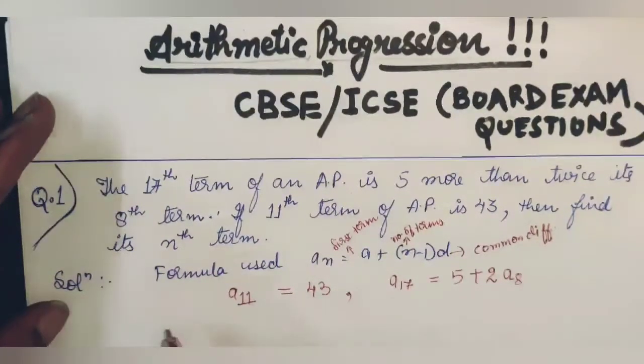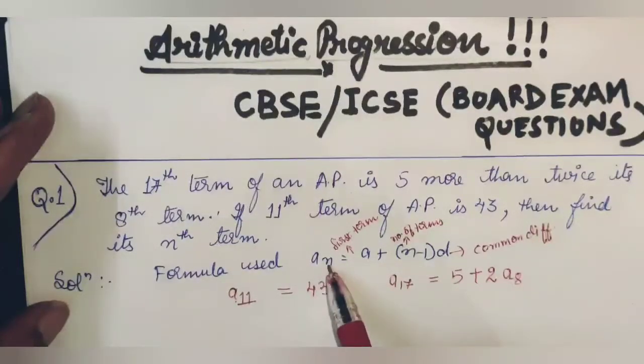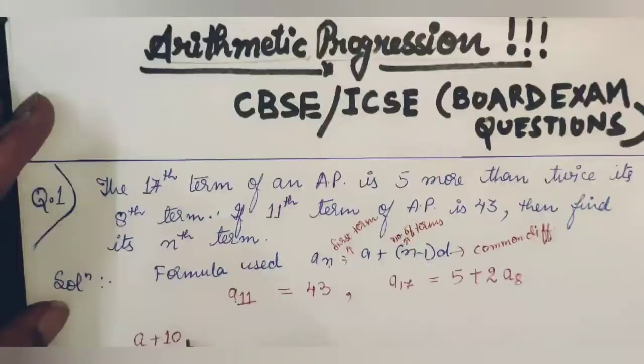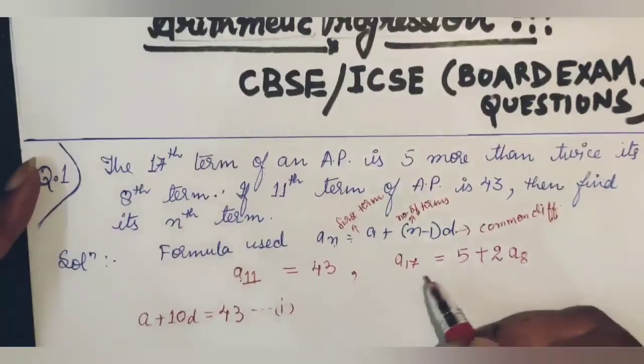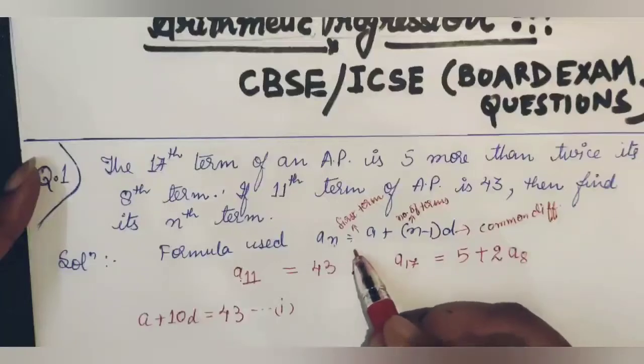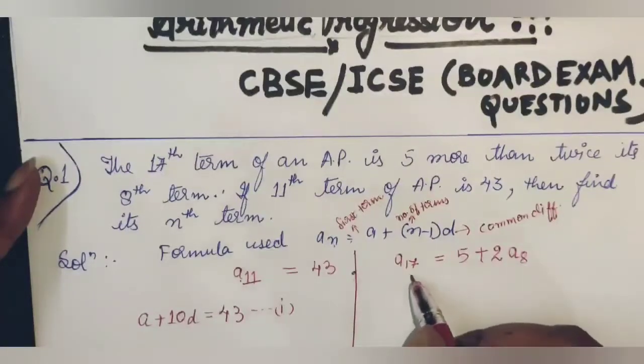For a11, by putting 11 into this formula in the place of n, you will get a plus 10d is equal to 43. This is your equation number 1.